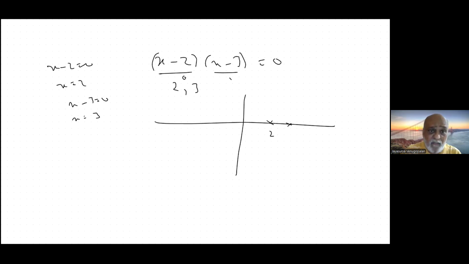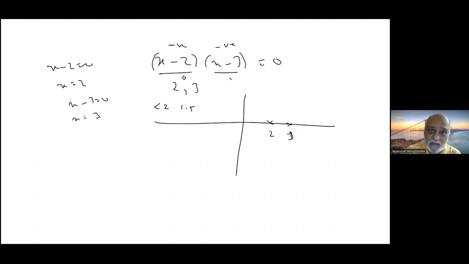Now, if any value x is less than 2, for example 1.5, what will happen? 1.5 minus 2 will be negative. 1.5 minus 3 will also be negative. Correct? Negative, negative will be positive.